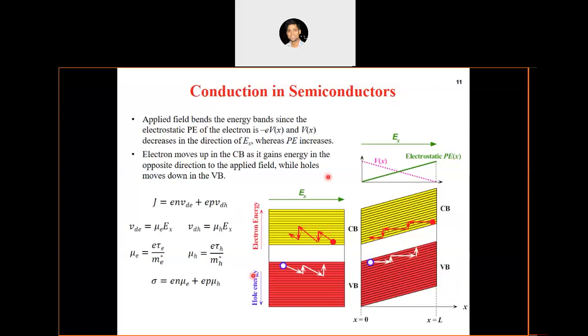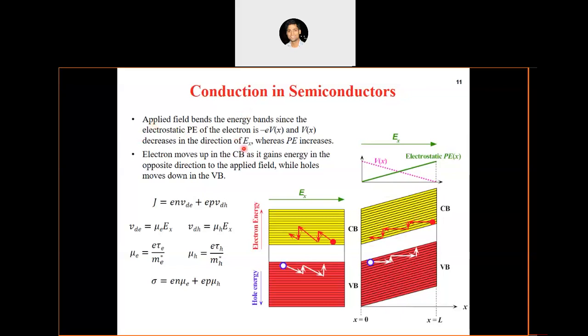So that's how this conduction of electron and hole will continue in the respective conduction band and valence band. You should remember that all the electrons which are free to participate in the conduction process are in the conduction band, and all the holes which are participating in the conduction process are in the valence band, right? The applied field bends the energy bands, as you can see here.